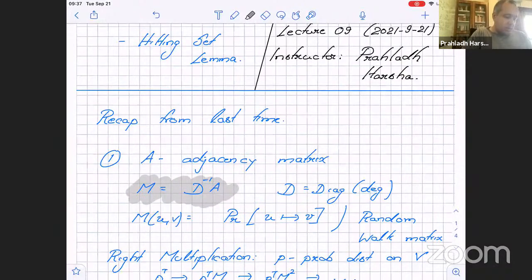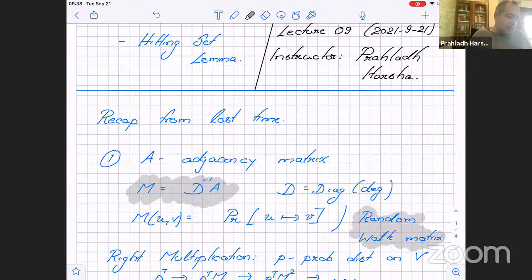The nice property of this matrix is that the UVth entry represents the probability that, if you're at U, you go to V, when you walk by choosing one of the neighbors uniformly at random. So at a vertex U, you have degree of U choices, and you pick one of them at random. That's the random walk matrix we are talking about.